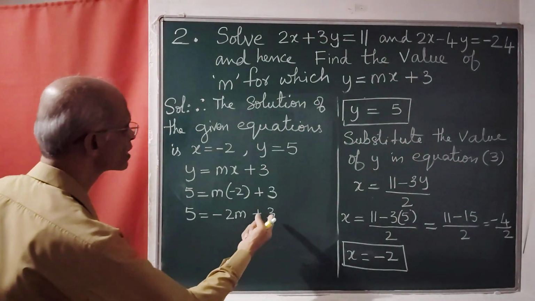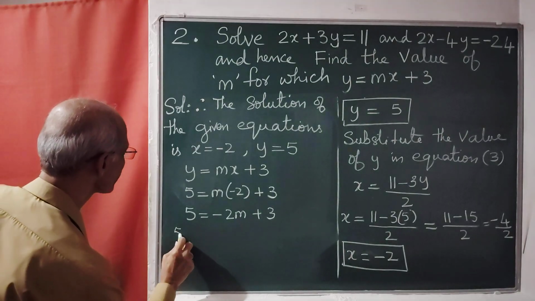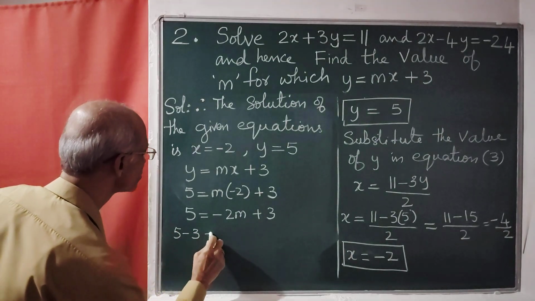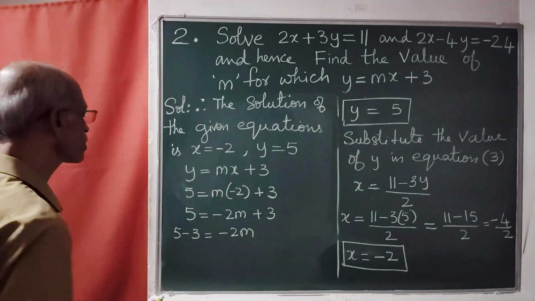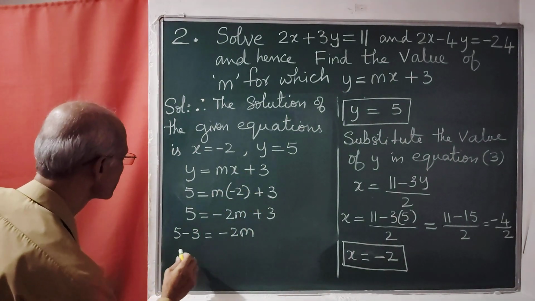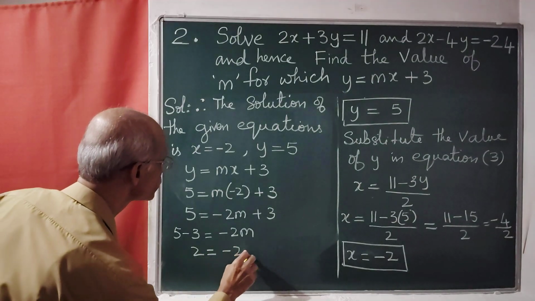If you bring 3 to the left side, 5 minus 3 will be equal to minus 2m. 5 minus 3 is 2. 2 equal to minus 2m.